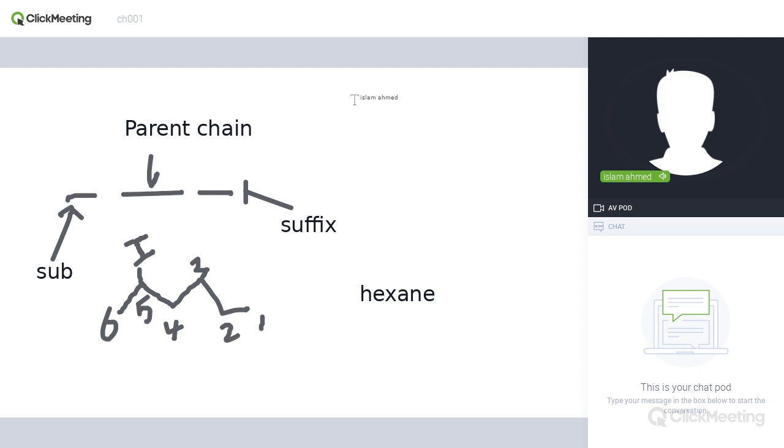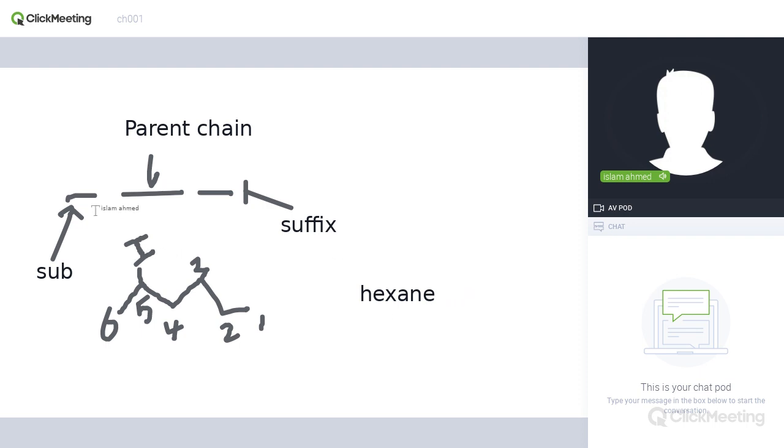The functional groups, as we all know, alcohol, ketone, carboxylic acid, aldehyde, ether, ester, amide, amine. All of these are considered to be a suffix, functional groups for the compound. Here we don't have one, so we will leave it blank.